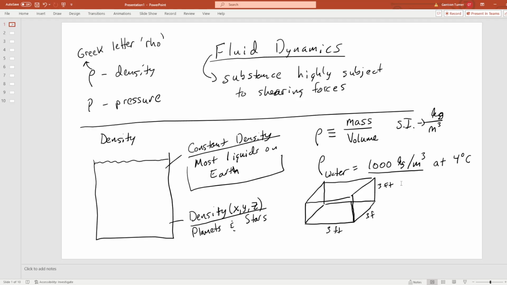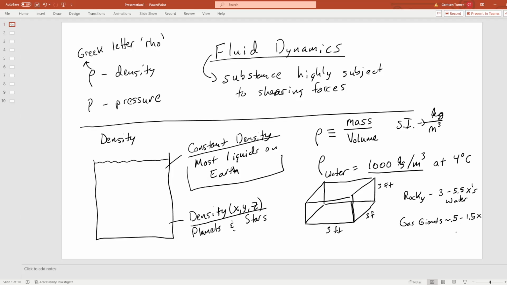Rocky planets will typically have densities between 3 and 5.5 times that of water, whereas gas giants can be about 50% of water up to about 1.5 times water.